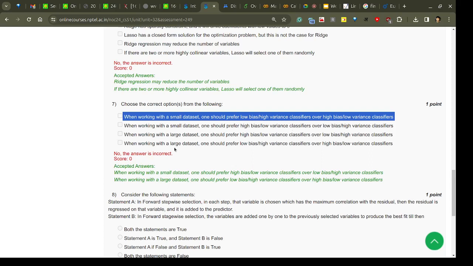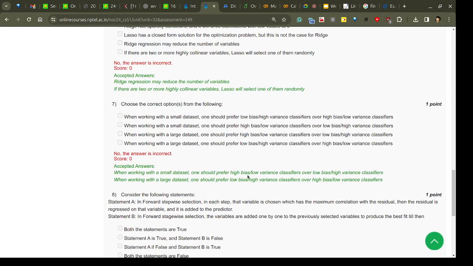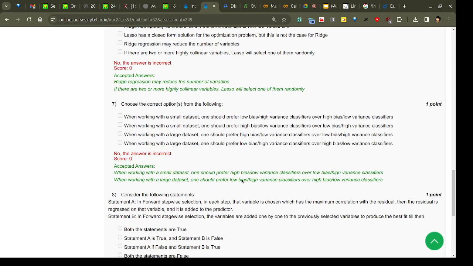Let me check all the options. For a small data set, our conclusion is we should take high bias, low variance, right? And for large we take low bias, high variance. Why is that?